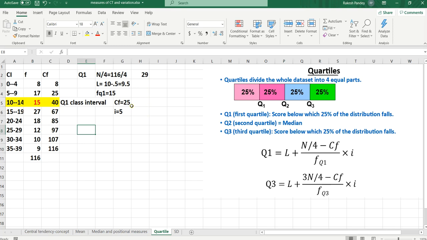So we will write Q1 is equal to the lower limit, that is 9.5, plus n by 4, that is 29, minus CF, 25. I have used the wrong bracket. Let us use the correct one.